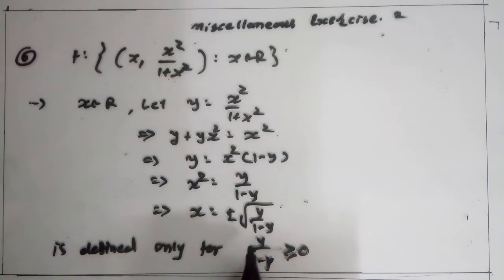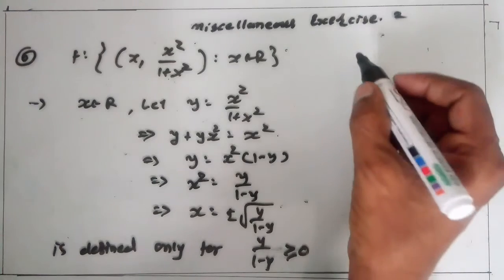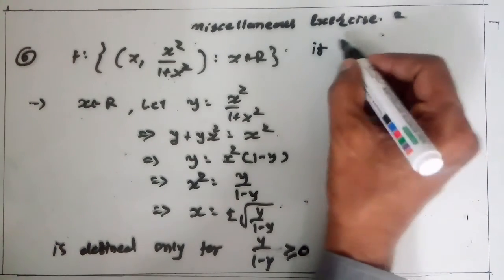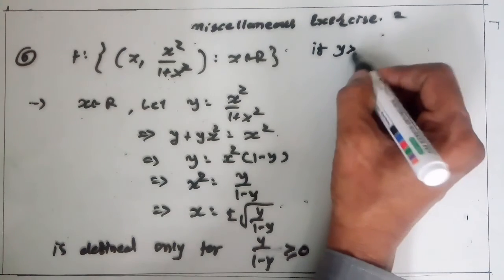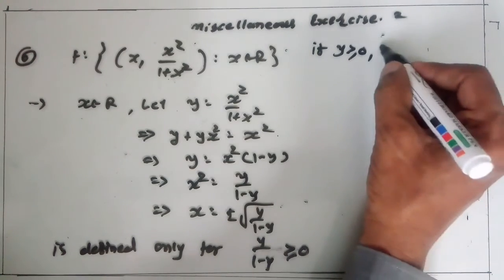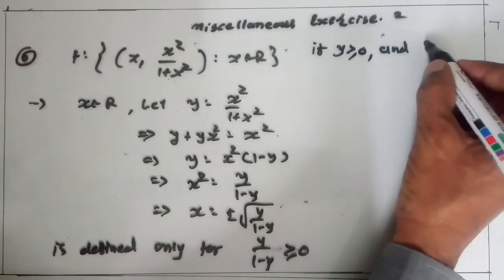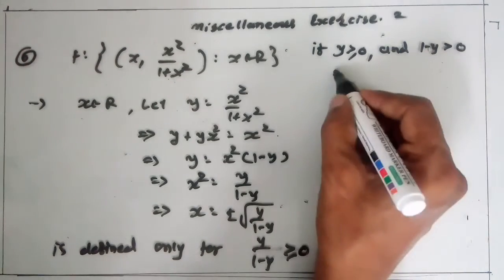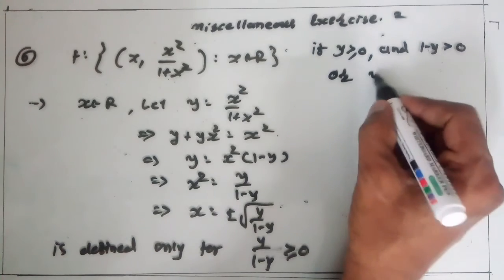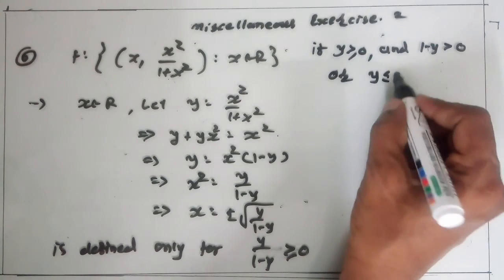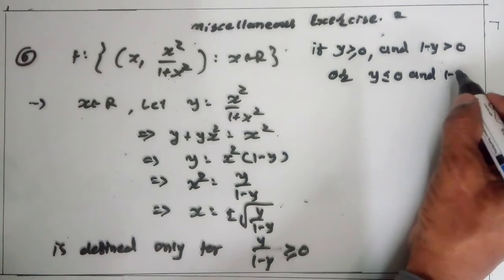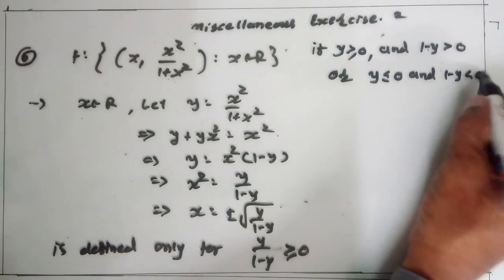Here y upon 1 minus y greater than or equal to 0 only happens if y greater than or equal to 0 and 1 minus y greater than 0, or y less than or equal to 0 and 1 minus y less than 0.